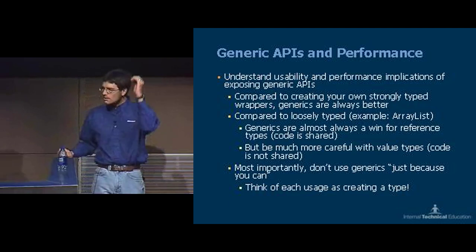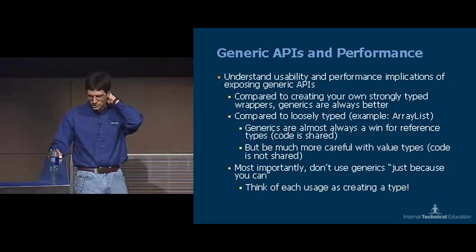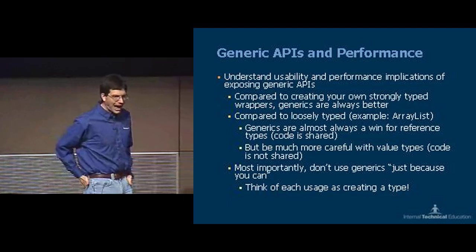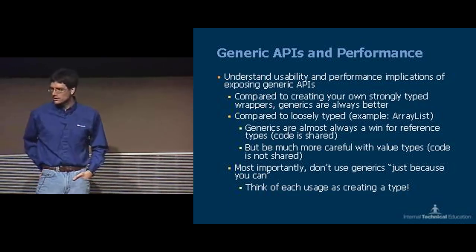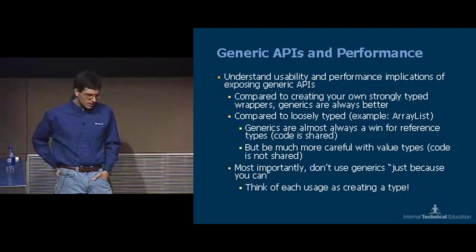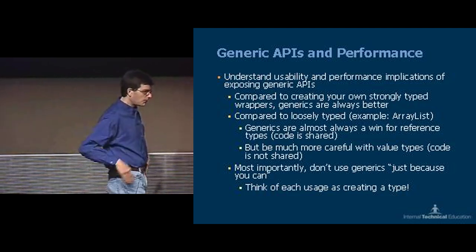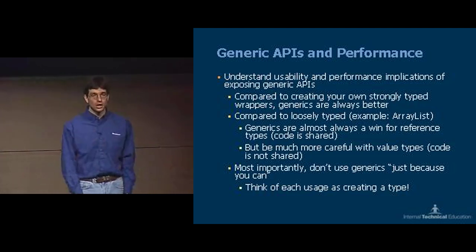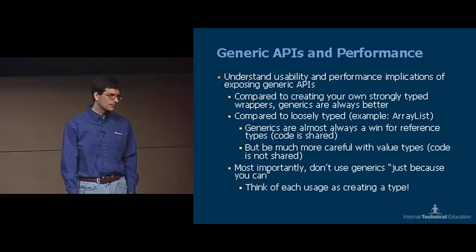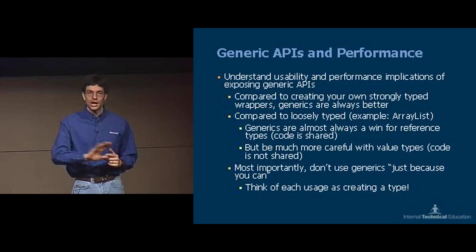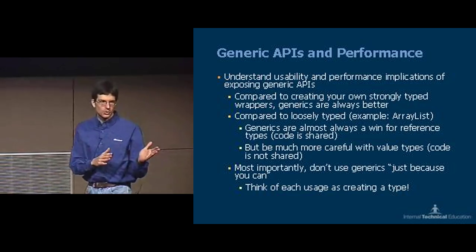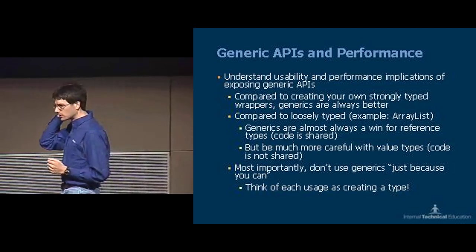Okay. So some information about performance around generics. This is where you have to dive in and understand what we're actually doing to implement generics. The first principle is, if you're in the situation I described where you're creating your own strongly typed collections or your own strongly typed types, then generics are flat out better than creating your own types.